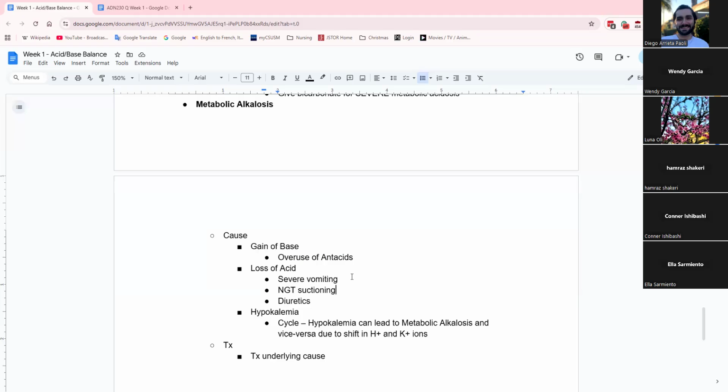So before we had too much acid that would push the potassium out, just to balance itself out. And in this case, you have not enough potassium on the outside, so it causes a shift of hydrogen to go into the cell, which then leads to alkalosis because now you don't have enough acid.